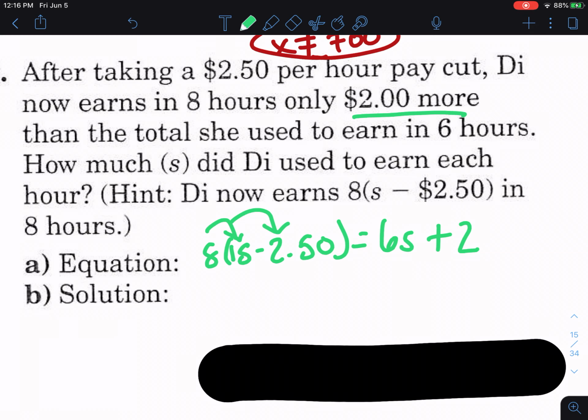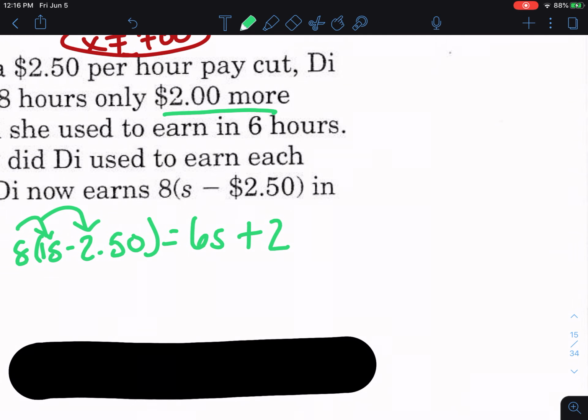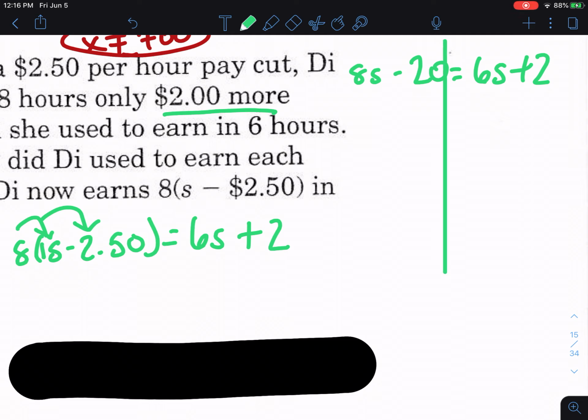So now I have, and I'm going to scoot over here to work. 8 times 1S is 8S, and 8 times negative 2.5 is minus 20 equals 6S plus 2. Oof. It's a confusing one to talk out. Okay, now we got to get our S's together.